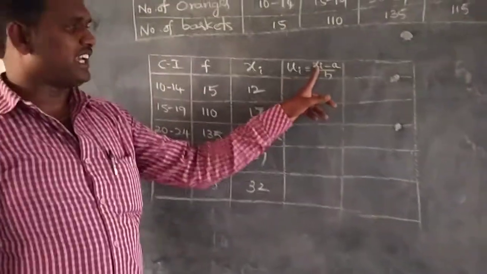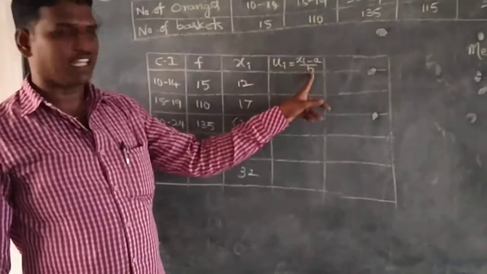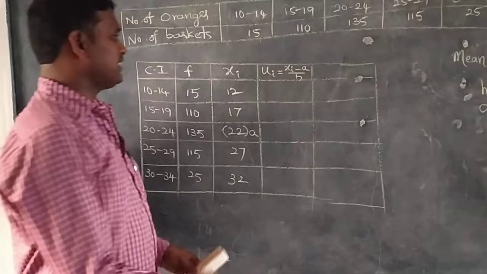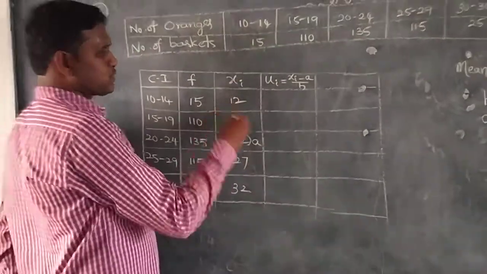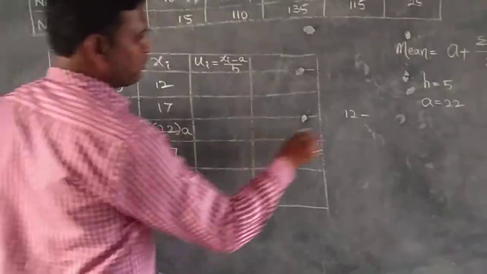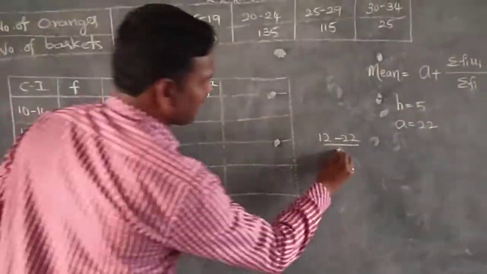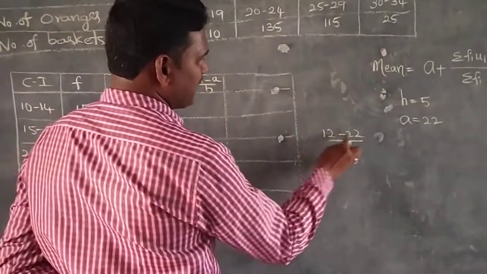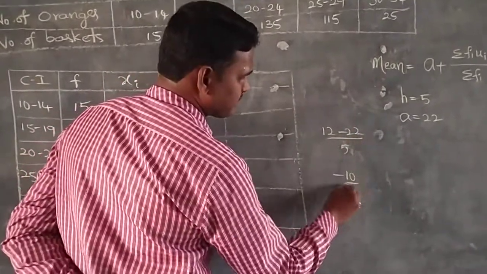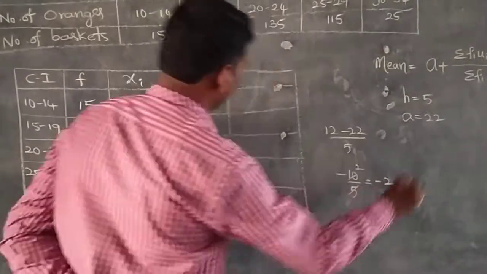From each and every x value we need to subtract a and then divide by h. Let us take the first one. First class: 12 minus the a value 22, by h, which is 5. 12 minus 22 is minus 10, by 5, which is minus 2.